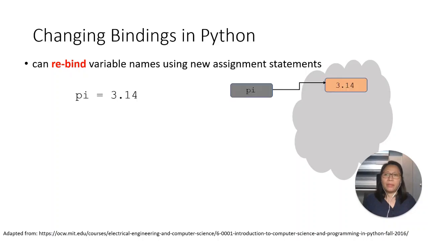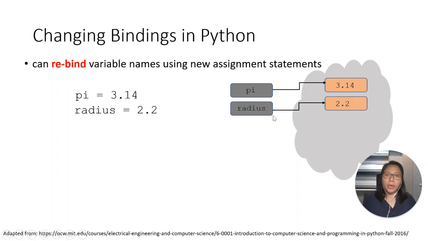Let's say we have here pi equals 3.14. This means that the value 3.14, which is an object in Python of type float, is bound to the variable name pi. So here pi binds to 3.14.